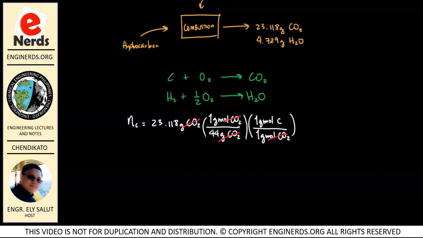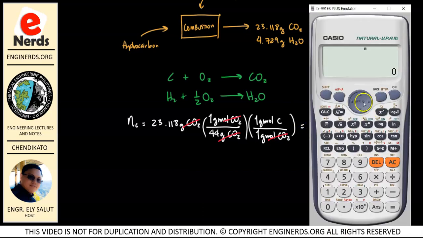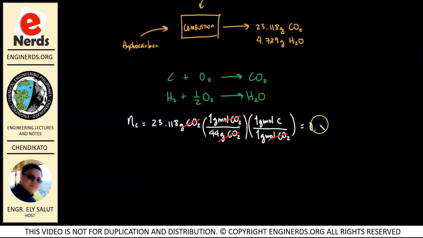So, ang magiging sagot natin will be in gram mole of carbon, di ba? So, let us try to solve that. So, 23.118 divided by 44, we have 0.525 gram mole of carbon.